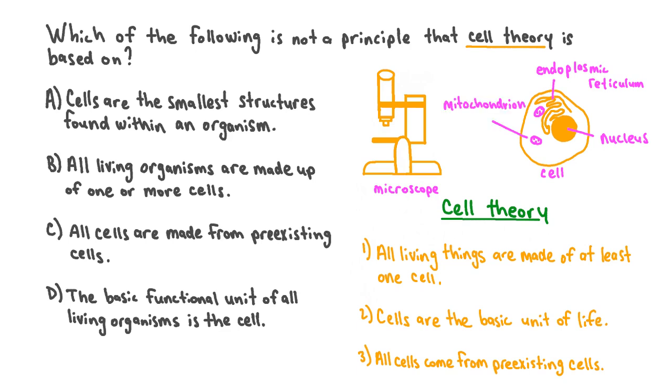All of these smaller structures are called organelles. So cells are not the smallest structures found within organisms. So therefore, the statement that is not a principle of cell theory is that cells are the smallest structures found within organisms.